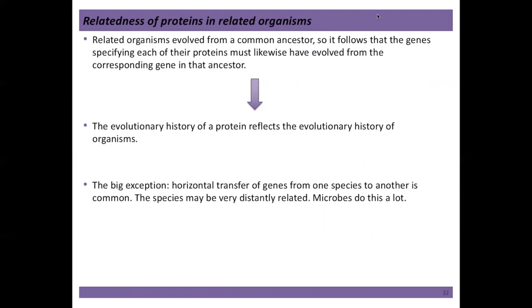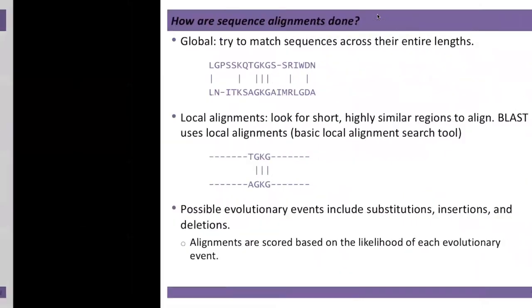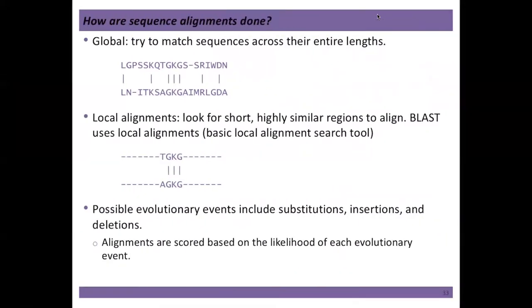And that can occur, and especially microbes do this a lot, and that really messes up this evolutionary analysis, because, like I said, the assumption is that related organisms come from a common ancestor. But if you start shuffling genes from one organism to another, between organisms, that's really going to mess up your analysis.